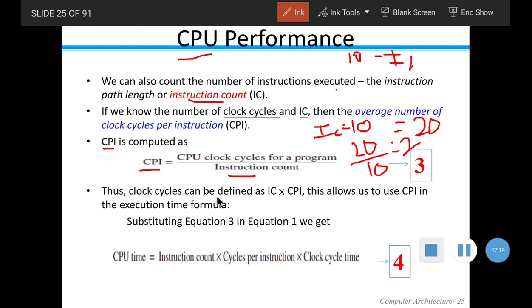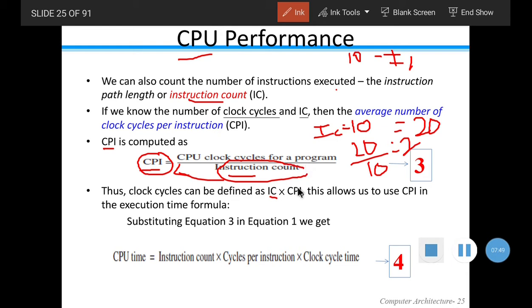Similarly, clock cycles can also be defined as CPI times instruction count, where IC is instruction count. If you shift instruction count to this side, CPI times instruction count gives CPU clock cycles.